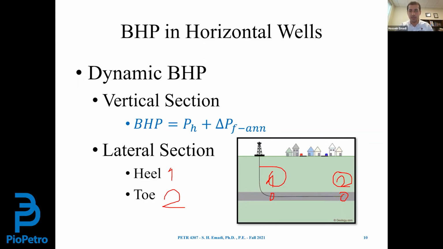And this is simply because of the pressure drop due to friction, because the mud particle at point 2 needs to overcome the friction all the way, all the lateral section, curved section, vertical section to the surface, while the mud particle at point 1 only needs to overcome the pressure drop in the curved section and vertical section. So obviously, the particle at point 2 must have a higher pressure in order to overcome all the pressure drop due to friction.